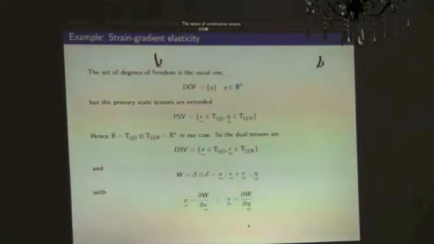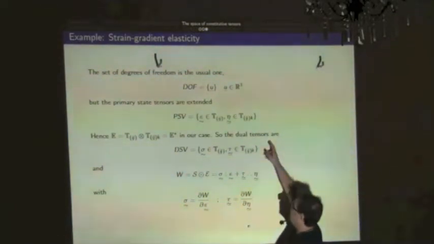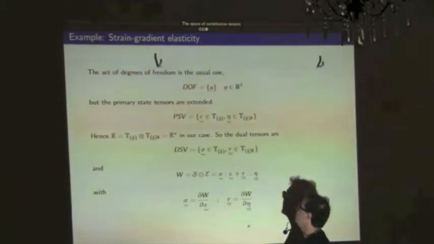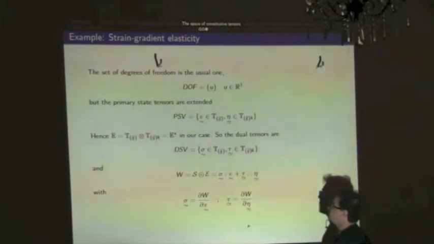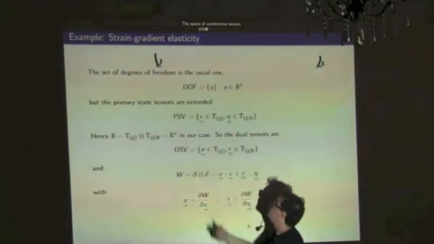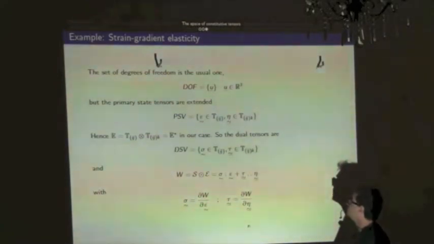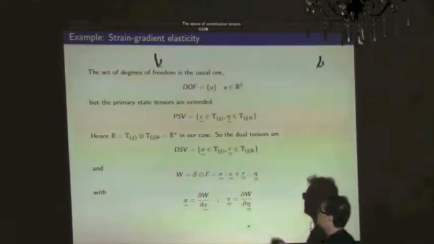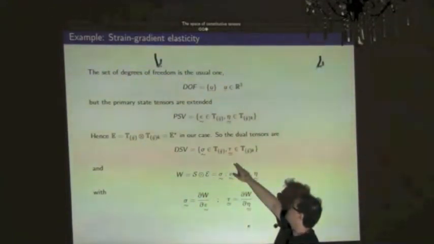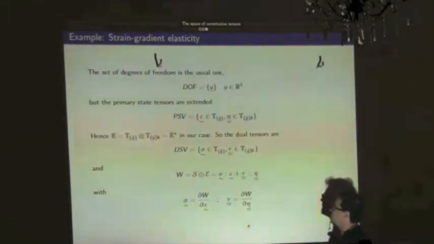I will move to one example. I think it's more clear. If I'm in strain gradient elasticity, okay, I have my degree of freedom, and as primary state variable, I will take the strain and the gradient of the strain. So I will have as conjugate variables the classic stress tensor that will be associated to my strain, and a hyperstress tensor that is associated to my strain gradient.